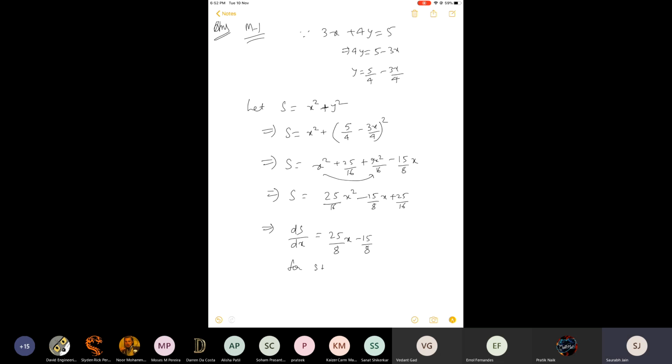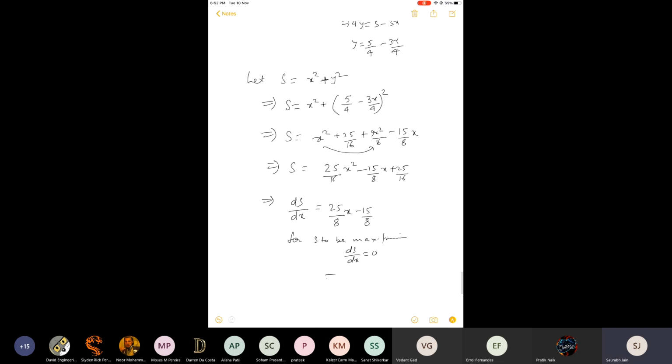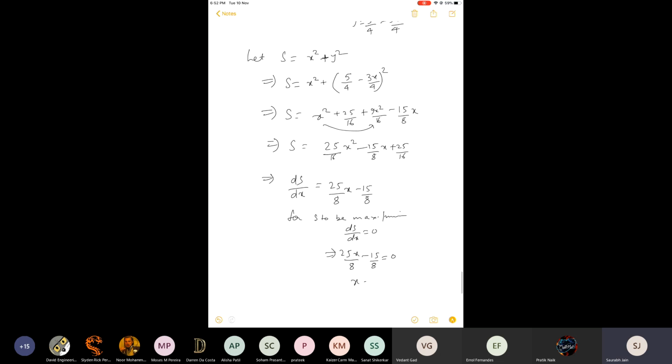For s to be maximum or minimum, ds by dx is 0. This means 25x by 8 minus 15 by 8 will become 0, or x will come out to be 15 by 25, that is 3 by 5.